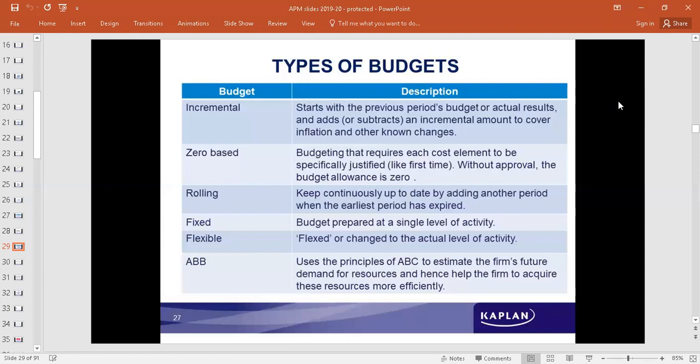So budgeting is not a new concept for students who are taking up the APM paper. Even when the PM paper is done, certain aspects about forecasting of budgets are learned at the PM paper, and then the testing is done at the PM paper.